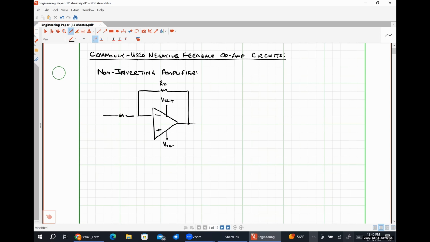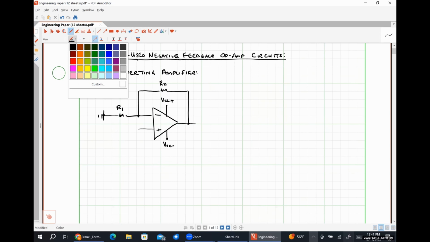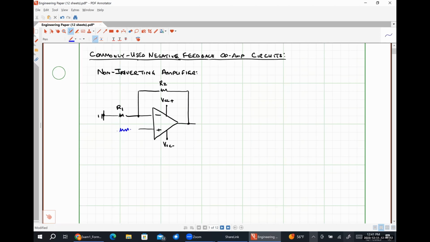Another resistor that is important is this guy, which I'm going to call R1. We are going to ground this terminal out. I'm going to do this resistor in blue because it's not particularly important.